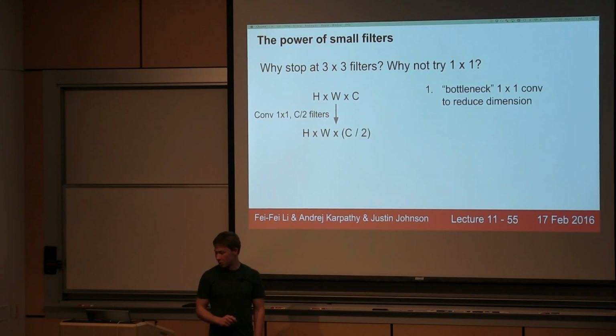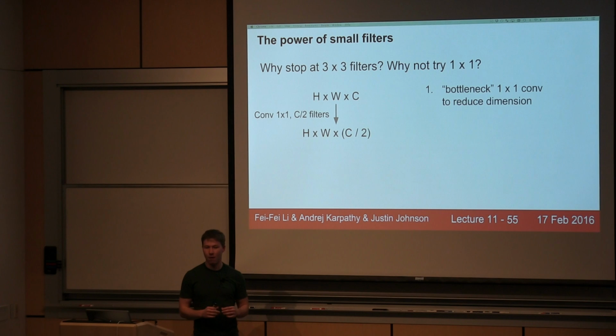So what we're going to do here is compare a single 3x3 convolution versus a slightly fancier architecture called a bottleneck architecture. Again we assume an input of H by W by C. Here's a cool trick: we do a single 1x1 convolution with C/2 filters to reduce the dimensionality of the volume.